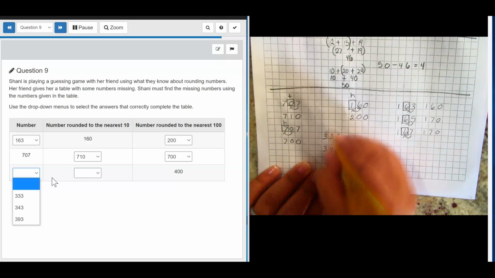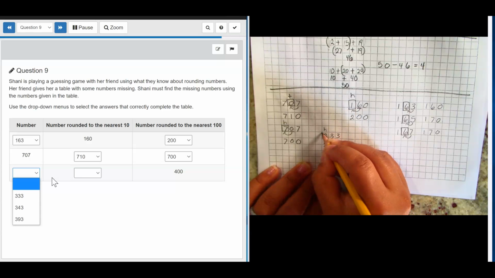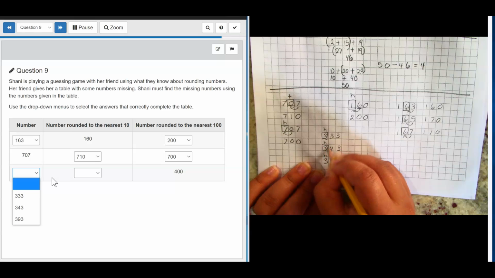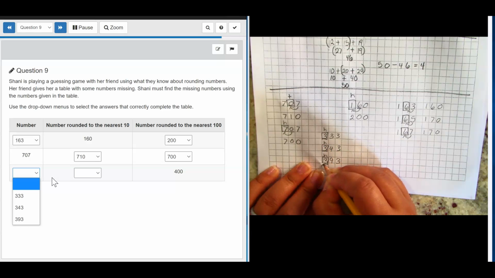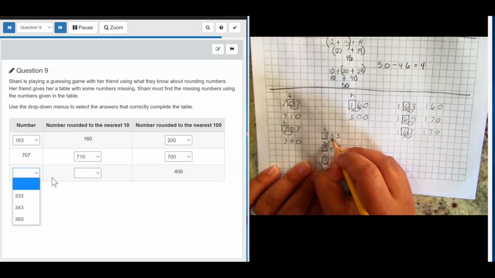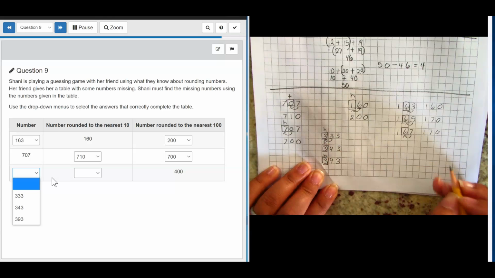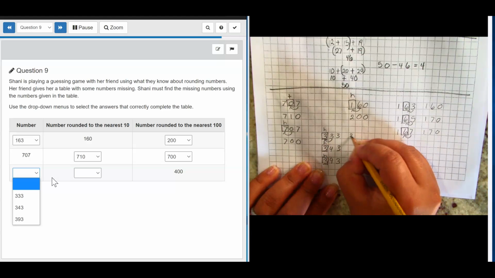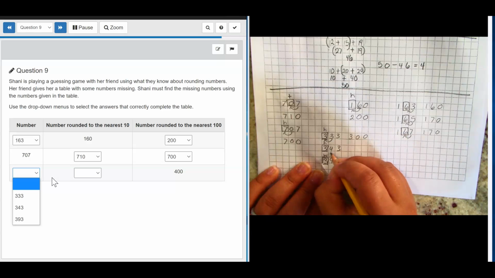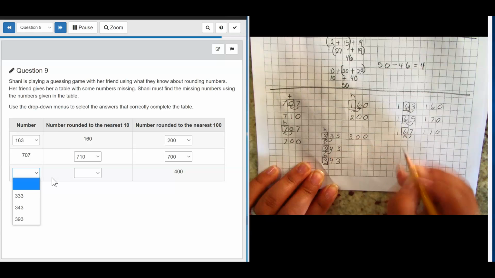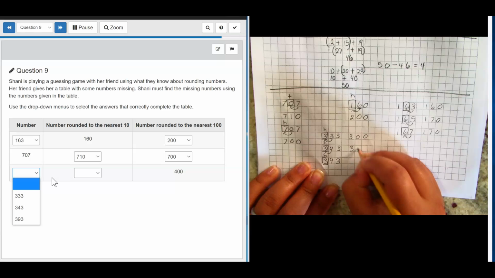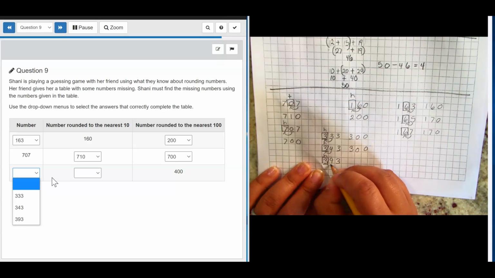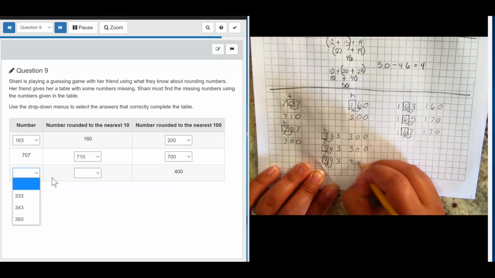I'm rounding to my hundreds, so I'm going to put a little H to remind me. What does this digit tell my hundreds to do? To stay at 300. What does the 4 tell my 3 to do? To stay at 300. And what does the 9 tell the 3 to do? Go up to 400.